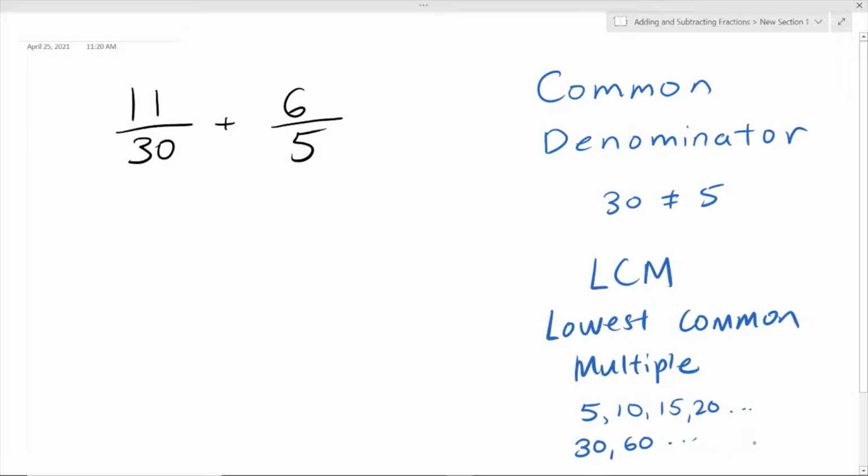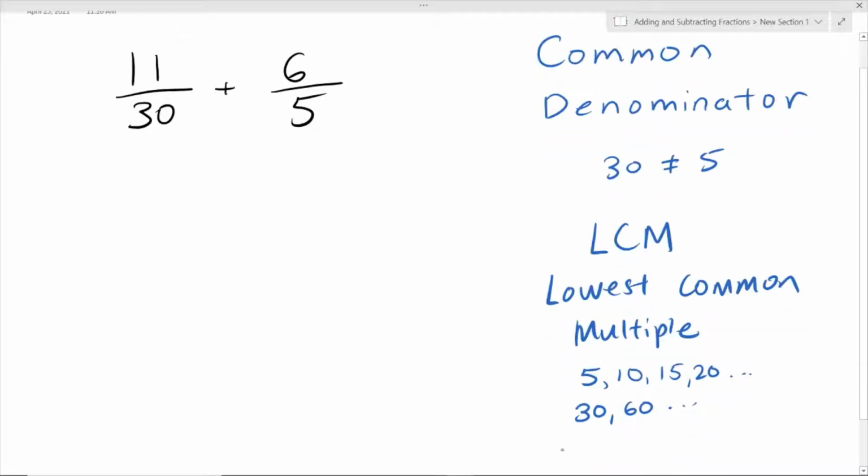Well, we already know that if we take 30 and we divide by 5, we're going to get 6, right? If we take this number here and we divide by this number here, we are going to get 6.